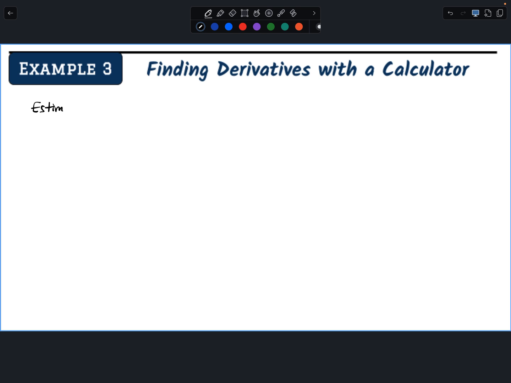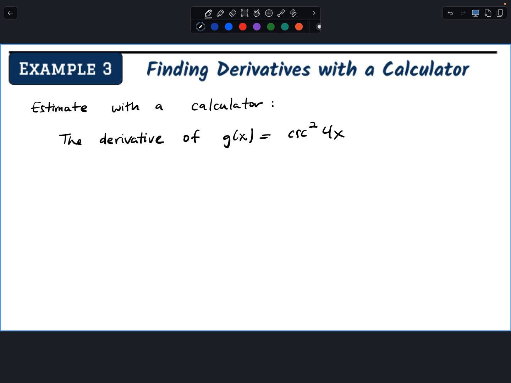Estimate with a calculator the derivative of g of x is equal to cosecant squared of 4x at x equals 2.